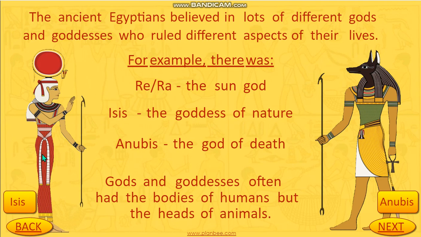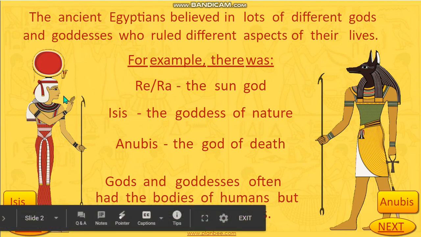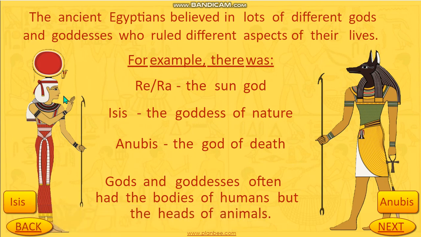We have Isis here, who's the goddess of nature and the goddess of healing and magic. And here is Anubis, the god of death, the god of mummification, embalming, the afterlife, and the underworld.